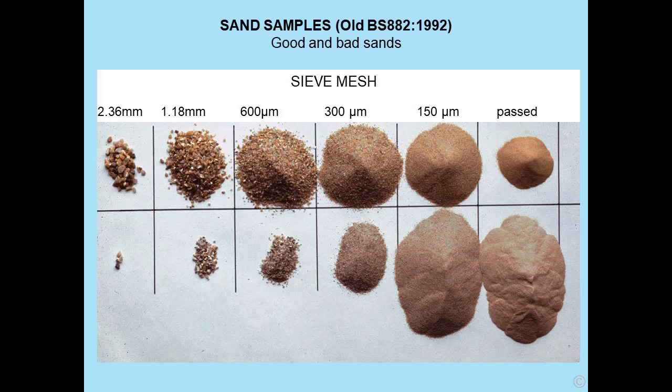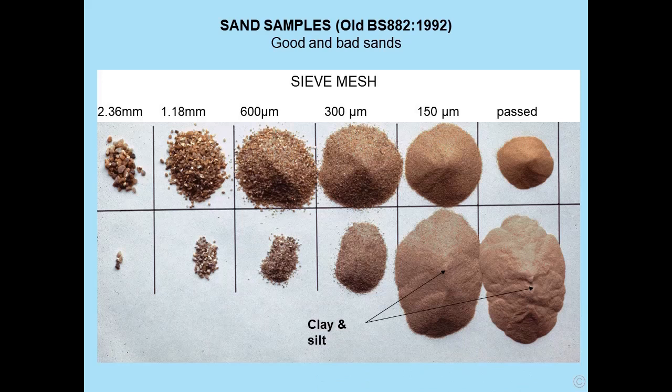Here are some samples run through the old British Standard 882 sieves, and you can see the different mesh sizes. The stuff at the top is the good stuff. That is excellent. It meets grade M of that British Standard. The stuff at the bottom is pretty poor. That will almost certainly start to cause problems. A mix containing that sand will require a lot more water.